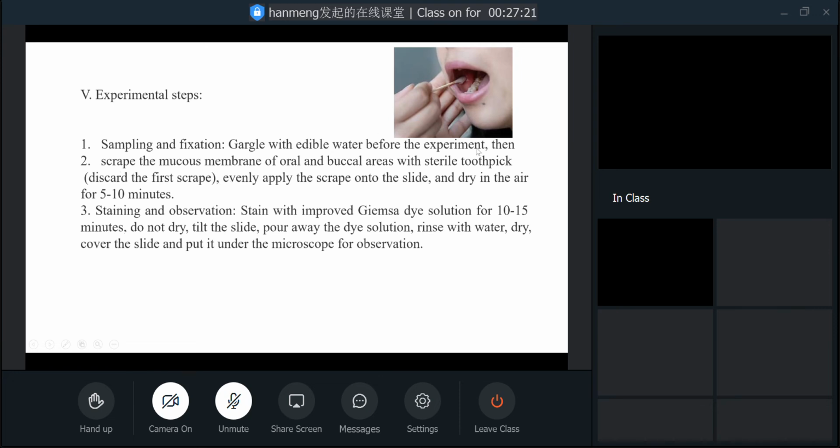You should be patient, and gently scrub your mouth, like the picture and the area shown in our PPT. Then apply the scrape onto the slide, then dry it in the air for about 5 minutes. Then we use the Giemsa dye solution to dye the cells for about 10 to 50 minutes.